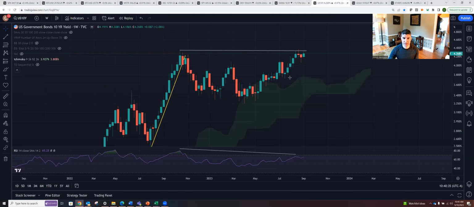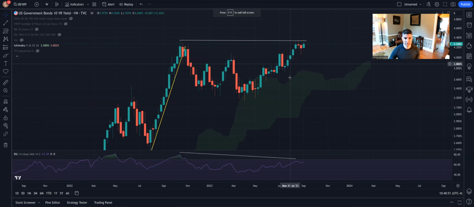Let's look at yields, the 10-year, and what we have here. This is a weekly chart going all the way back to our previous top in October 2022. And again, I continue to just read this as a double top until proven otherwise.